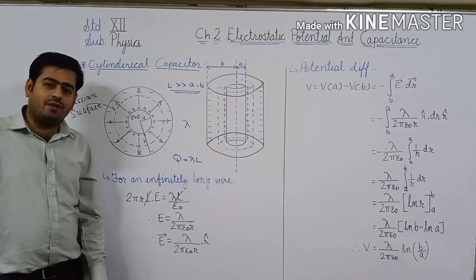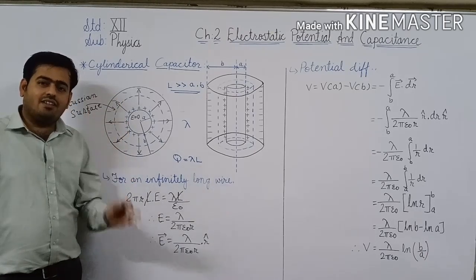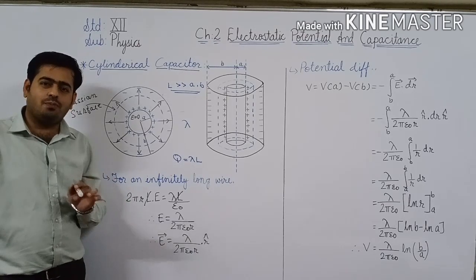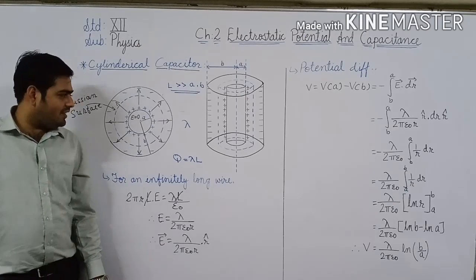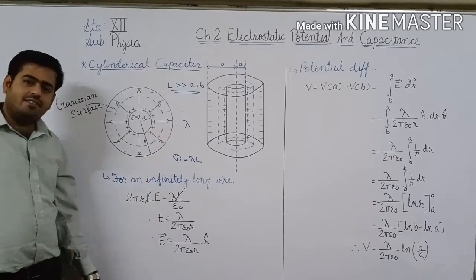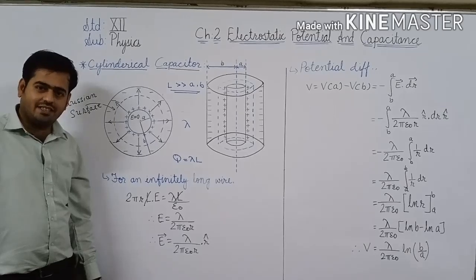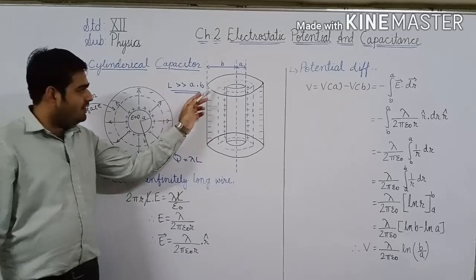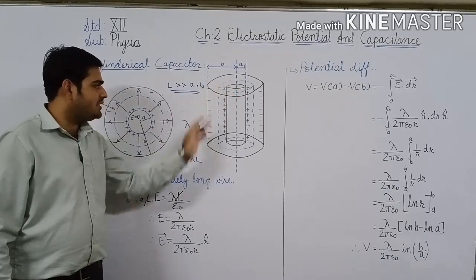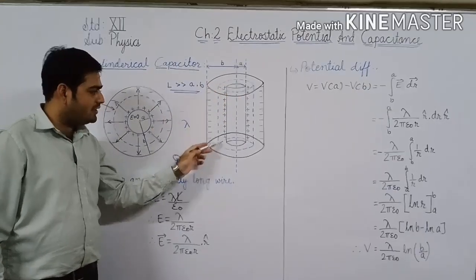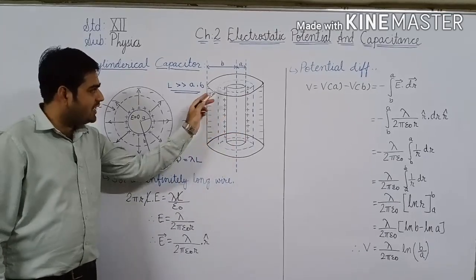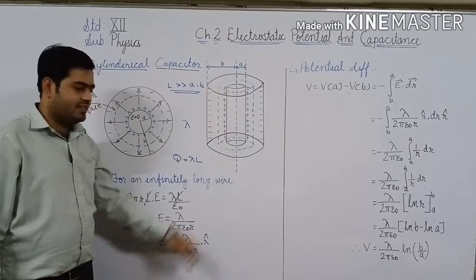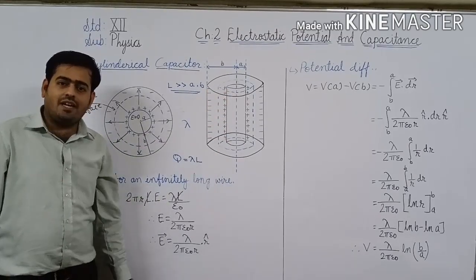What is the formula of electric field due to a uniformly charged infinitely long wire? That is E is equal to lambda upon 2 pi epsilon naught R. Where lambda is the linear charge density, and here I am taking one Gaussian surface. That Gaussian surface I have shown with a blue color. So this is the Gaussian surface, and this Gaussian surface encloses some charge, and we know the formula of electric flux.